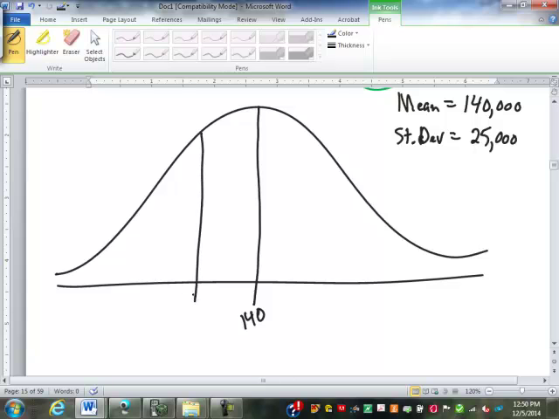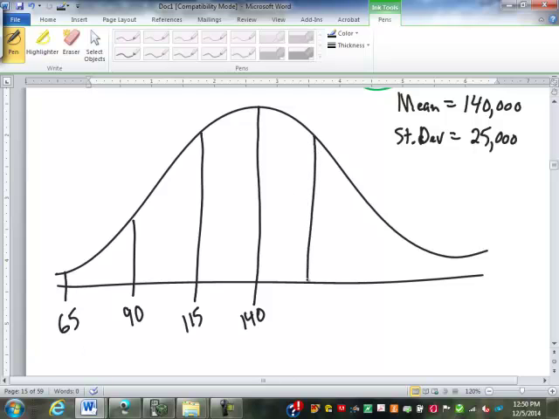The next notch over, we subtract 25. So it'll be 115. 140 minus 25 is 115. And then subtract another 25 would give us 90, and subtract another 25 would give us 65,000.